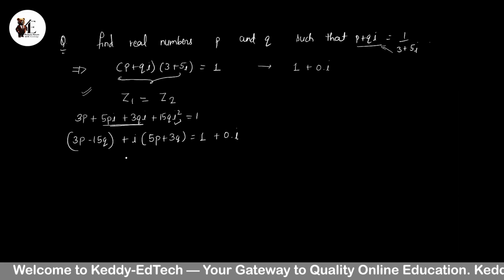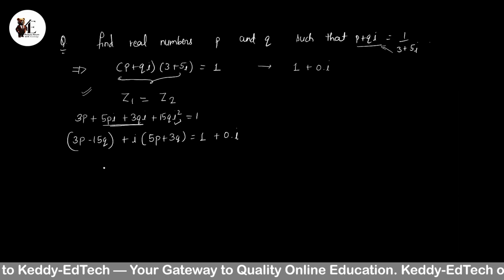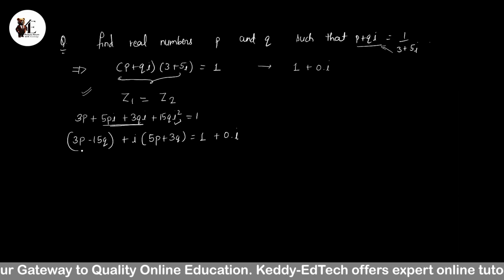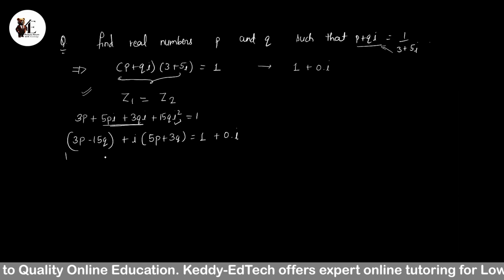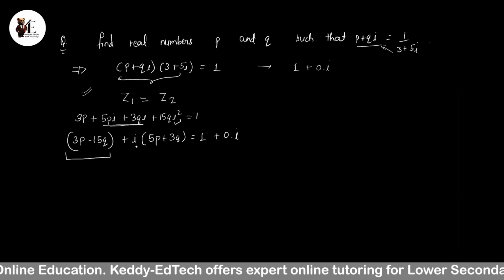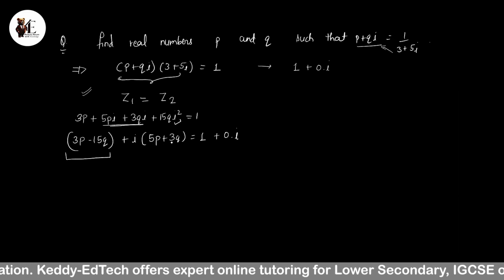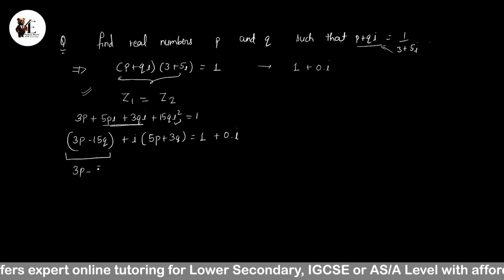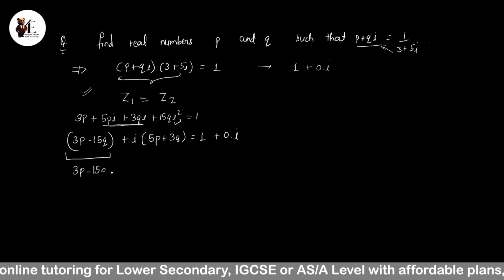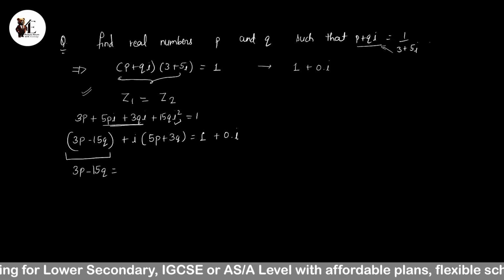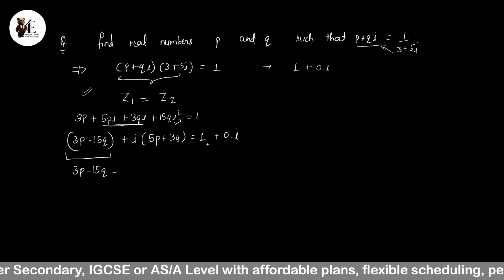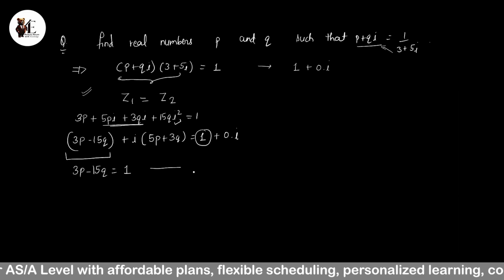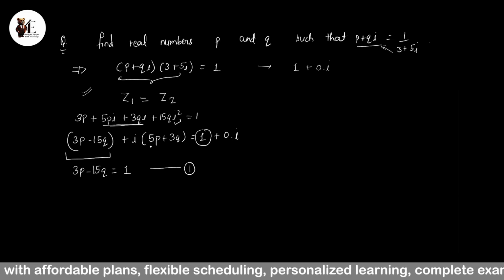There are no like terms which we can simplify. So in the next step, you have to compare the real part and the imaginary parts. On the left hand side, this is the real part, and the terms written with i are the imaginary part. So the real part 3P minus 15Q is equal to the real part on the right side, which is 1. So 3P minus 15Q equals 1 will be the first equation.